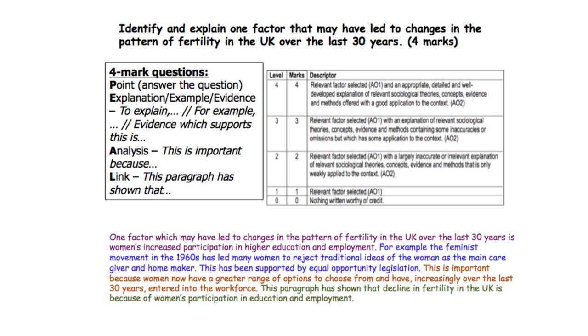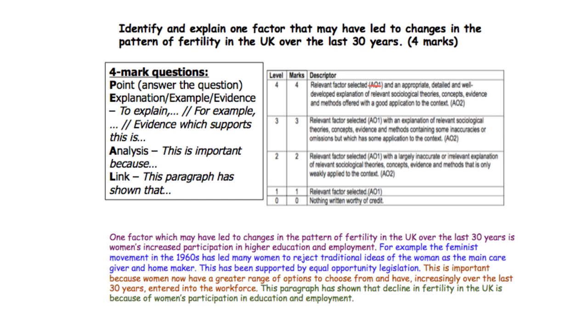So this 4-mark question is slightly different from my 3-mark question. It asks a little bit more of you in terms of analysis, and it's not just looking for this AO1, so it's not just looking for your knowledge and understanding.